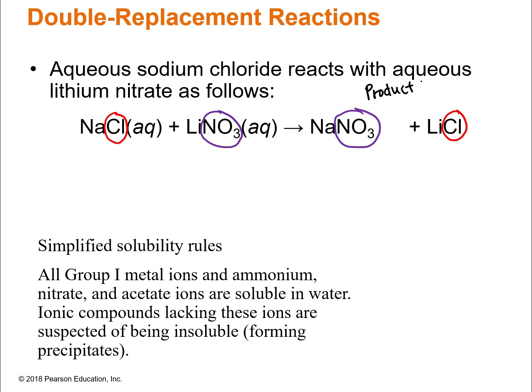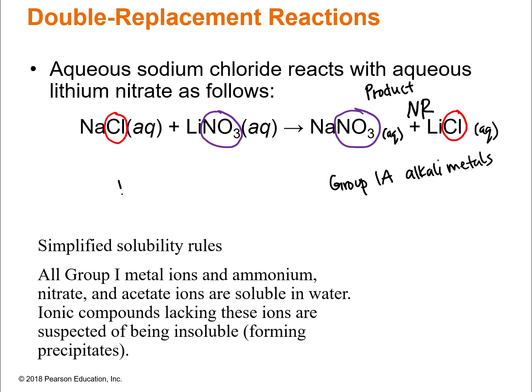Both sodium and lithium are in group 1A. So those are the alkali metals. If you see compounds with those, they're going to be aqueous. So this is really no reaction. You just have the same ions floating around in water.